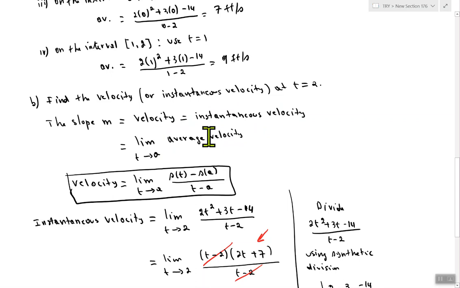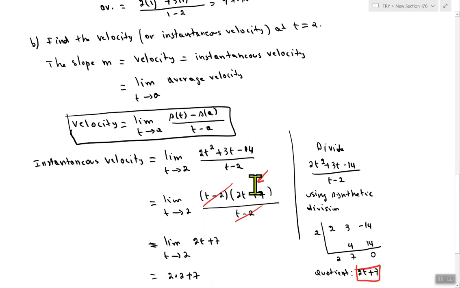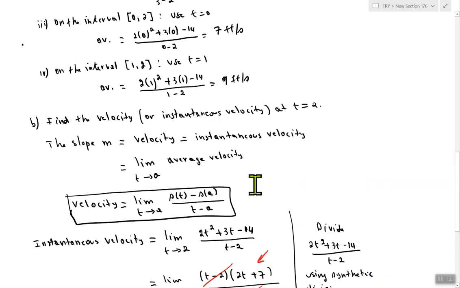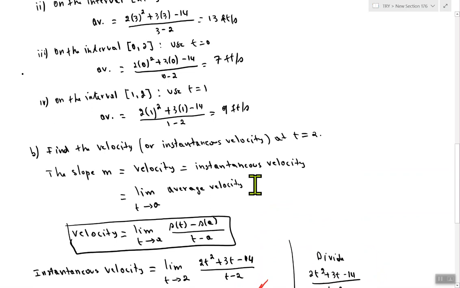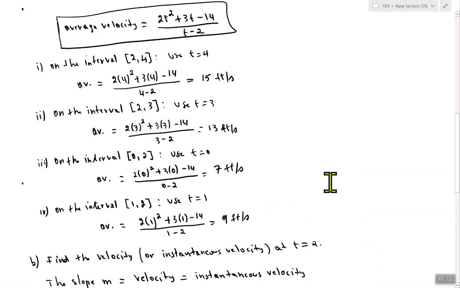I brought up this idea of the limit as t approaches a, but let's forget that for a second. What we're going to do is take the equation of the average velocity that we already found, which is this.